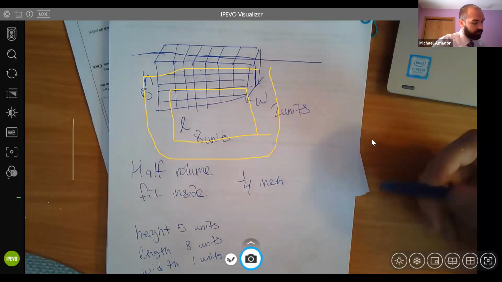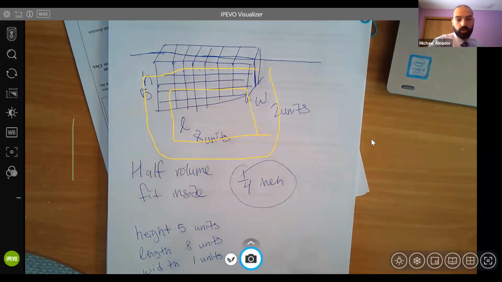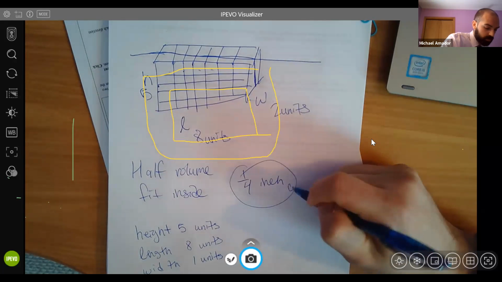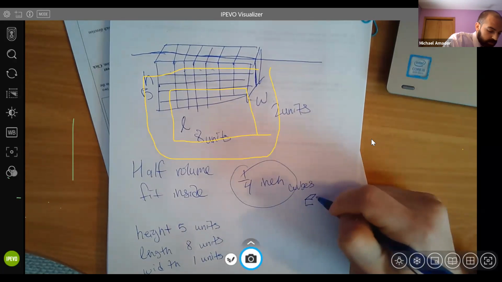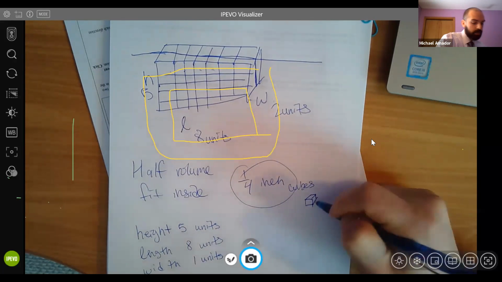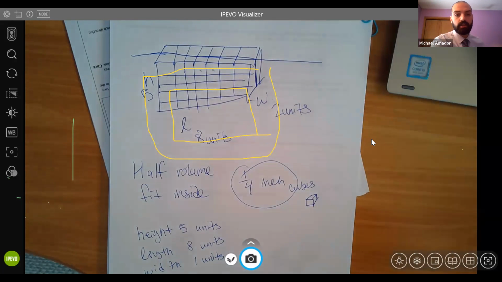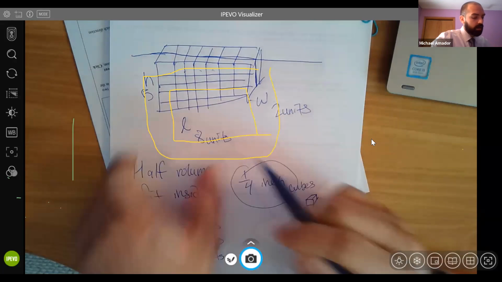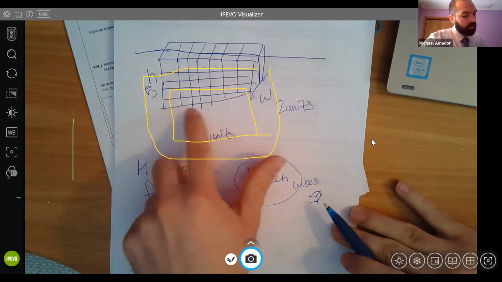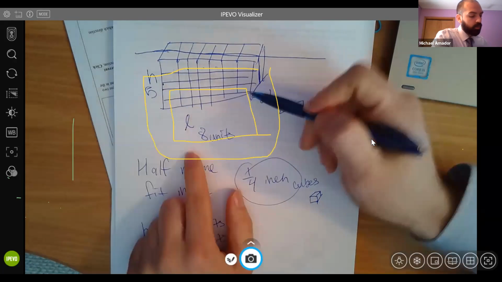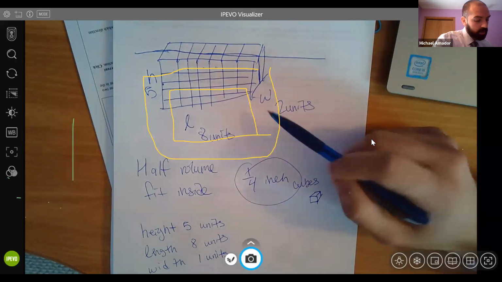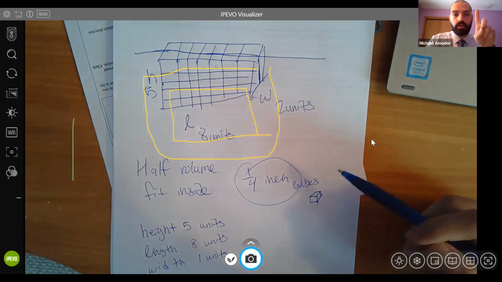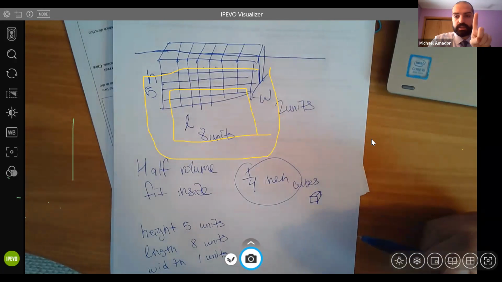My plan to find how many 1/4 inch cubes can fit inside is going to be to find how many 1/4 inch cubes fit within the length, the height, and the width. The width is only 1 unit deep.